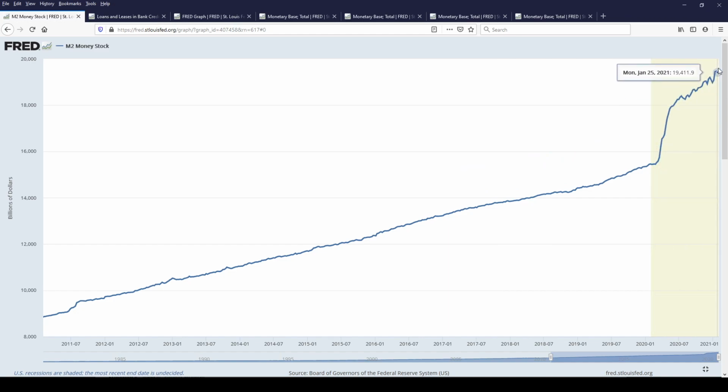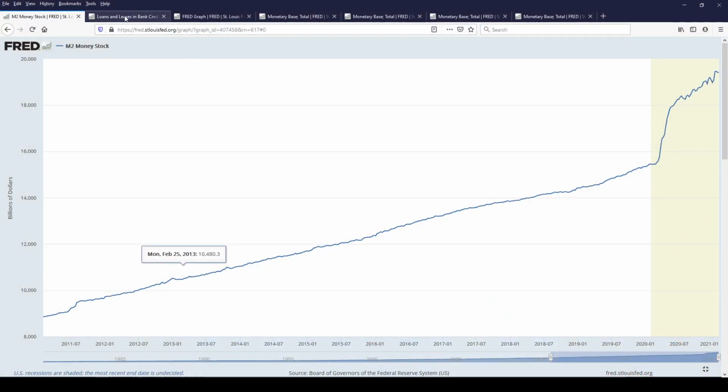And it's currently sitting at almost 19 and a half trillion. And people look at this and say, well, that has to be inflationary, because look at all of that money. And as soon as all of this money comes out of the financial system, well, it's going to be inflationary. So we have this perception that money creation is inflationary. But a lot of people don't understand where money comes from to get into the M2. There's two ways it gets there.